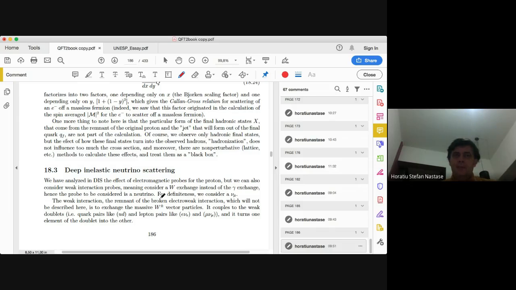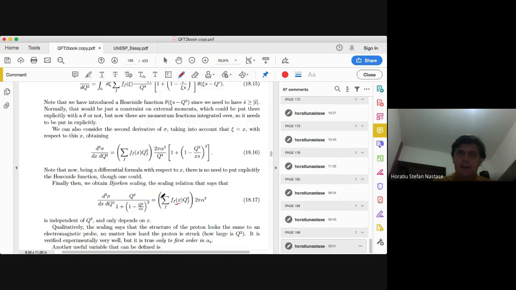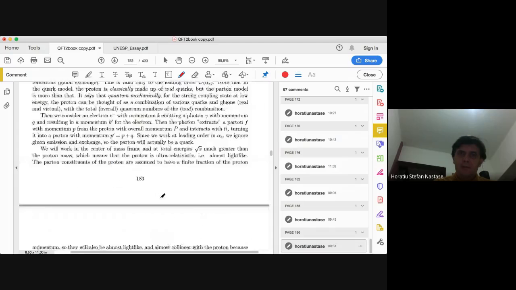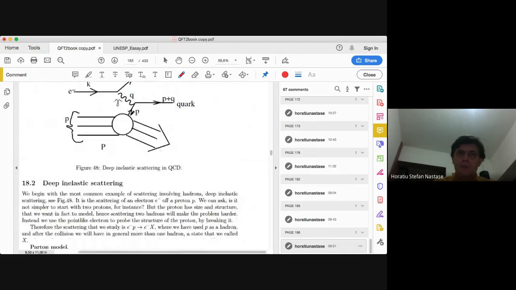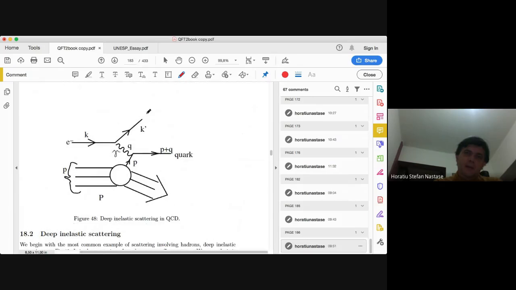Well, what we have at the end of the process in the diagram that I wrote here was the original electron, but here I had a quark, and the remaining, well, I didn't draw this well in the picture in the book.